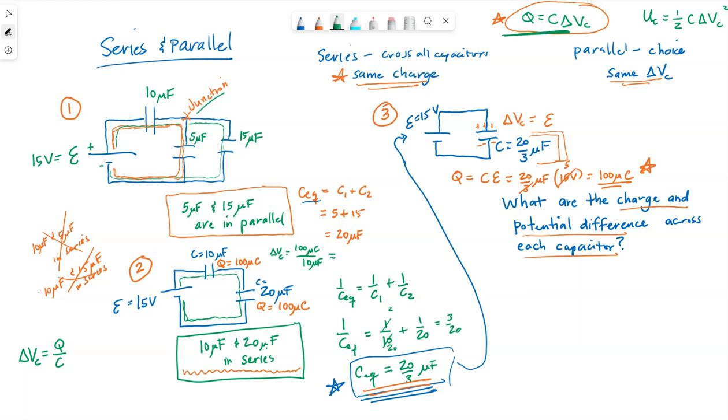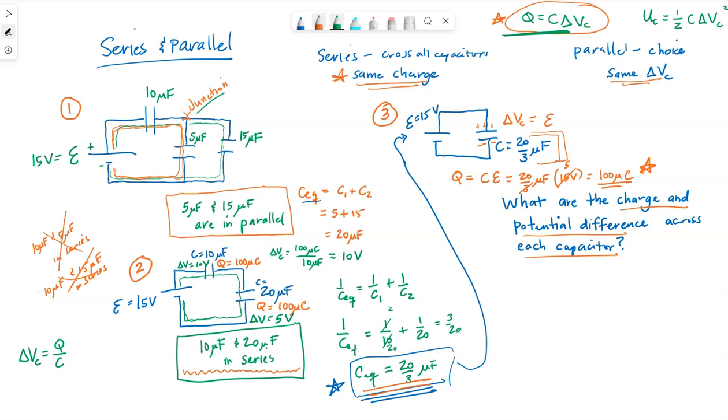The micros cancel, and then the coulombs per farad gives me a volt. So this capacitor right here has 10 volts across it. Similarly, for the bottom capacitor, Q is 100, divide by C, that's 20, we get 5 volts across this.